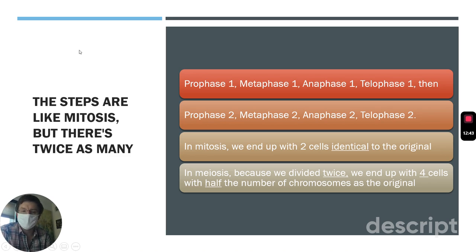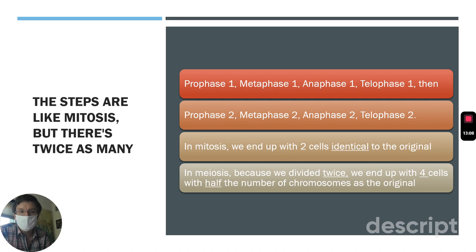Now the critical difference is that in meiosis, we have a lot more steps to go through. And we will go through all of those. The easiest way to remember these steps is, remember in mitosis, we had prophase, metaphase, anaphase, telophase. It's very similar. However, we have to do it twice.